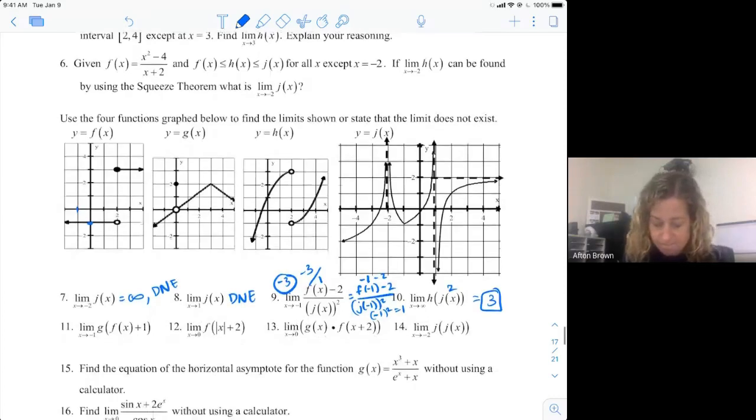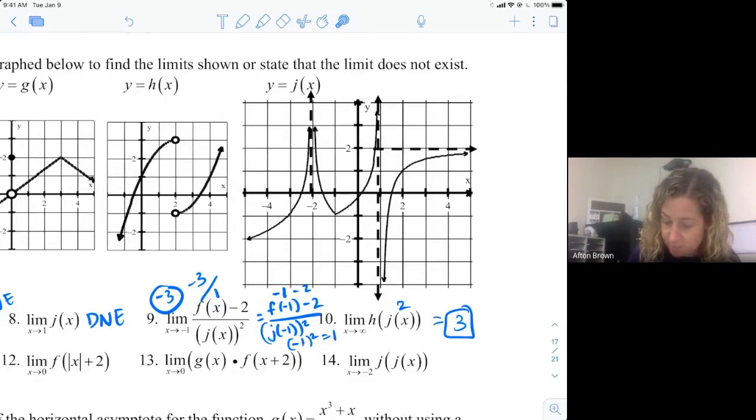Okay, on 11, who thinks they've got the answer? Who can explain 11? Hold on. For number 10 on the h of 2 part, how do we decide whether it's the top one or bottom one? Oh, good question. Let me look more carefully at that. Good point. It has to do with the fact that h approached 2 from the negative side.